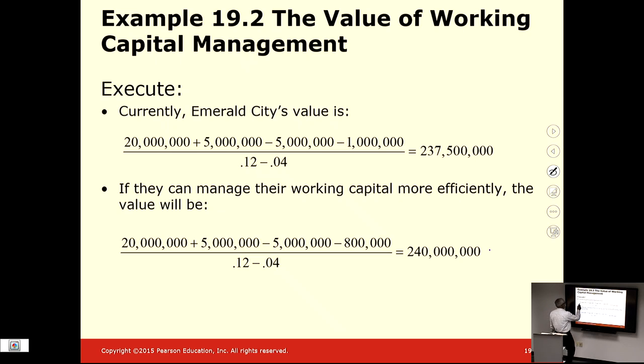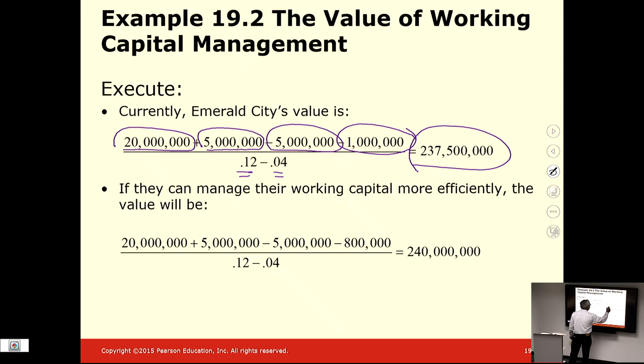So currently, it's 20 million plus 5 million, so net income plus depreciation, minus capital expenditure, minus increases in net working capital, divided by R minus G gives us a $237.5 million value.